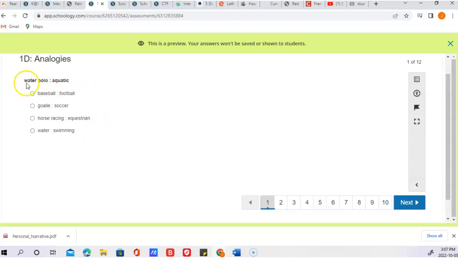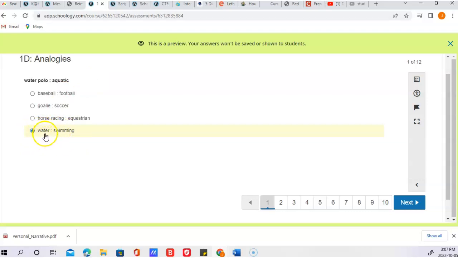Okay, because we might look at it and say, well, water polo and aquatic. So there's a sport and there's water. Well, here's one with water and it's a sport, so we'd click that one. But that's not the correct analogy. Okay? When you put it into a sentence, like I did, water polo is an aquatic sport, then we can see that this last one doesn't make sense.